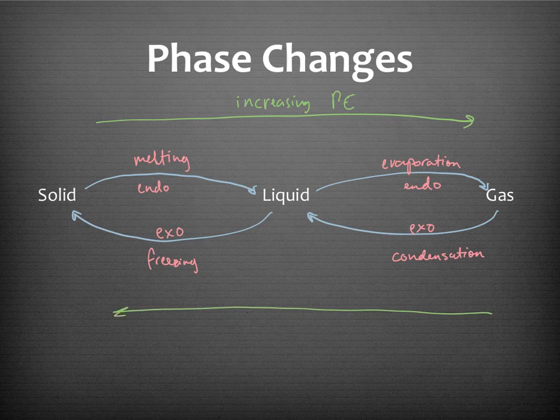Over here, decreasing potential energy. And let's add a bit about stability. So more potential energy means low stability. It's more random.